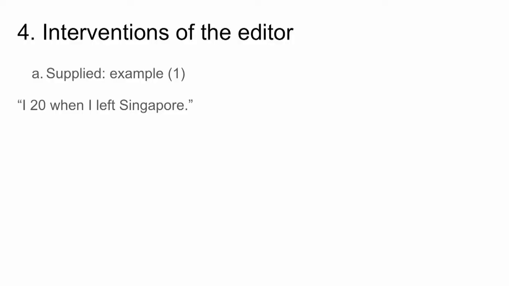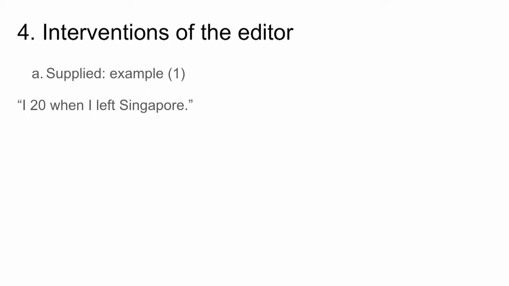So the way to encode supplied text is very simple in TEI. You just wrap it in the supplied element. So let's see, for instance, this little example. If you have in a manuscript the sentence, "I 20 when I left Singapore." Something is obviously missing.